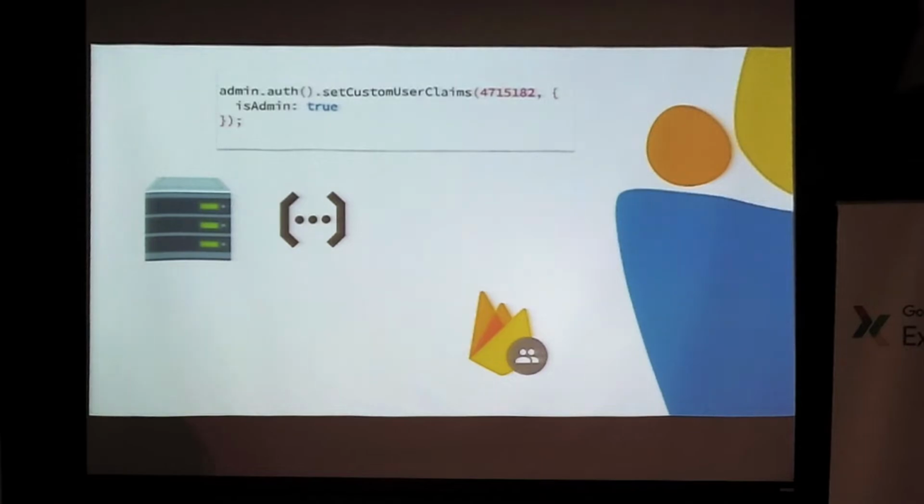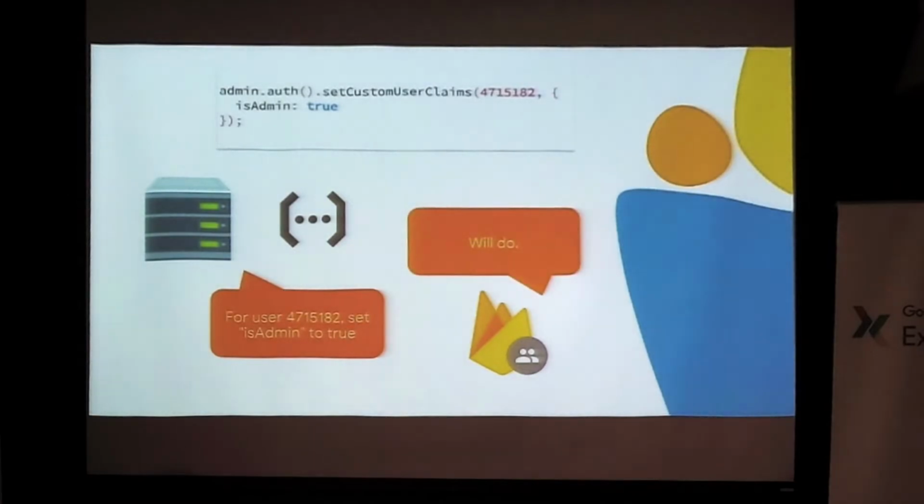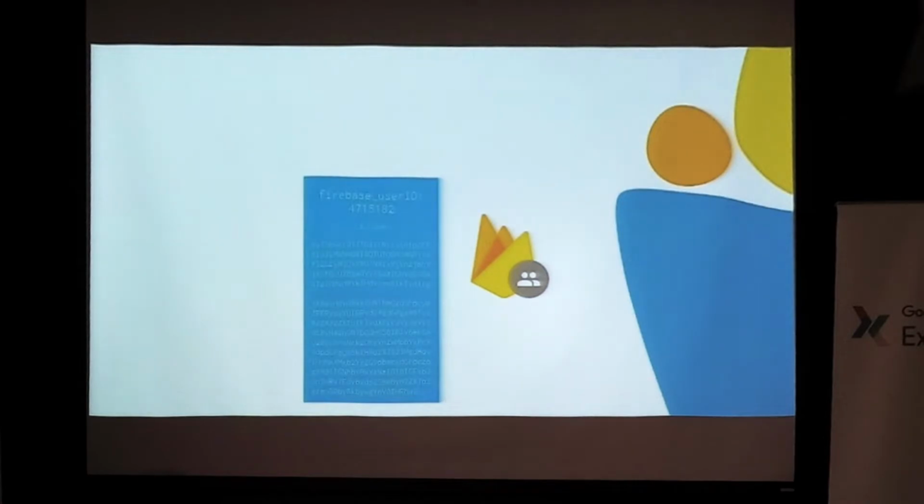And the reason to do that is because you can use this to have more advanced handling of your security rules. How do we do that? You'll do a call like this, which essentially will set a custom flag, a custom property in your Auth object for that particular user.